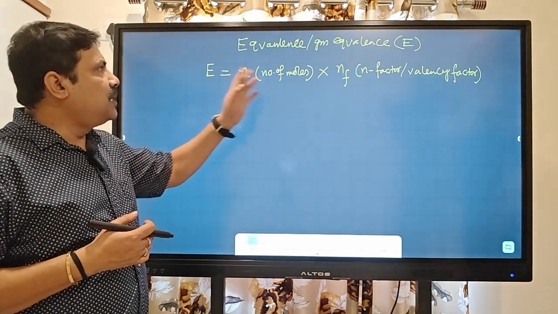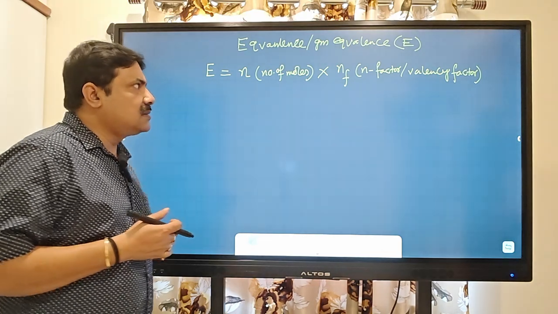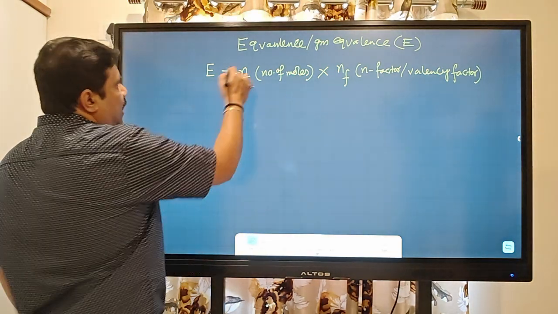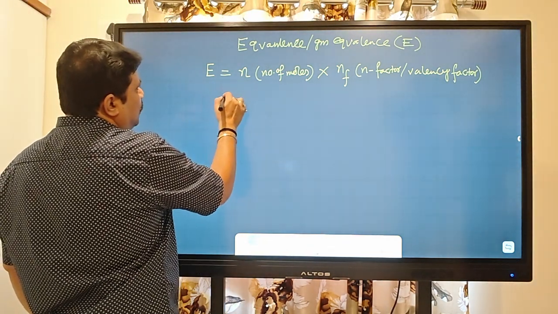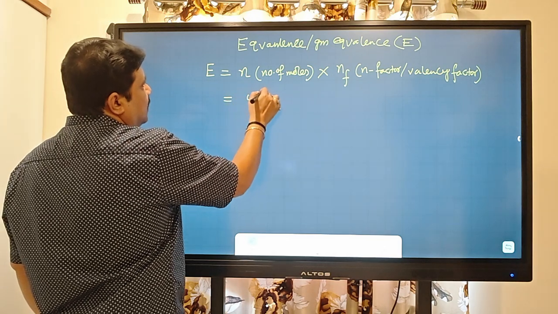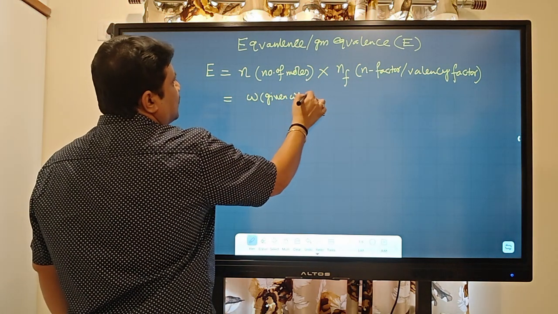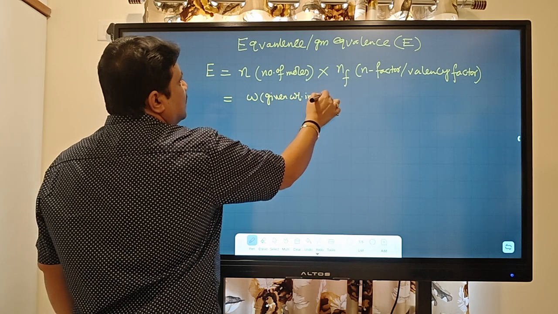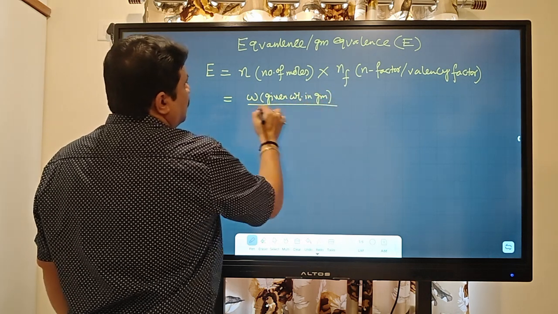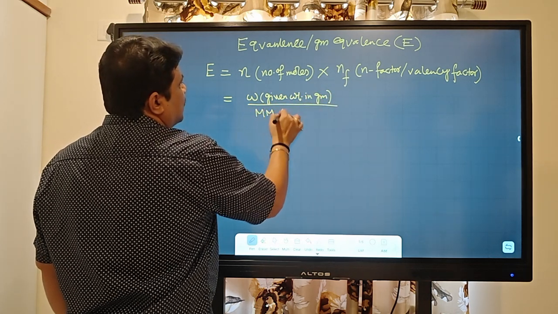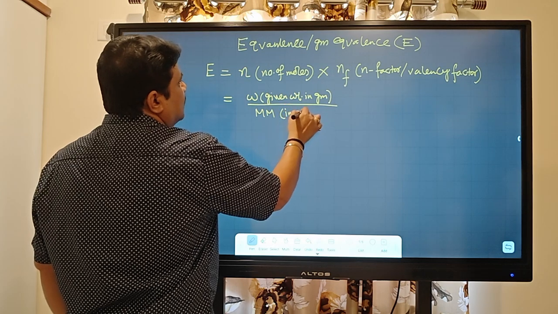So now equivalence is number of moles into n factor. Number of moles, as you already know, equals given weight of the substance in gram divided by molar mass of the substance in gram.